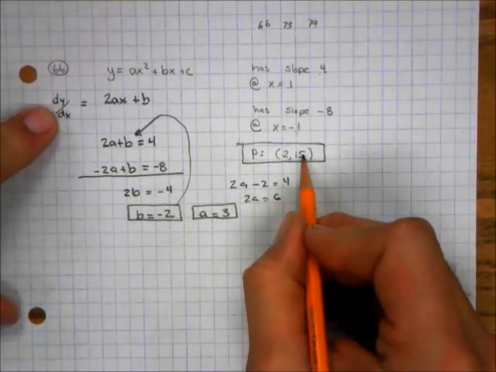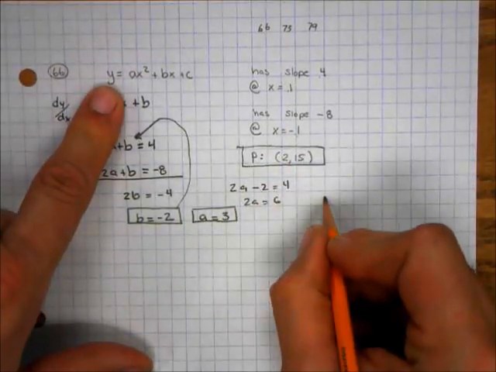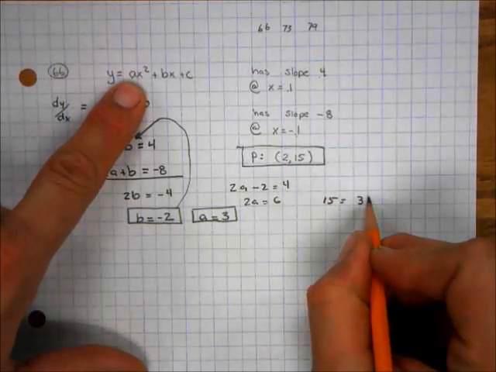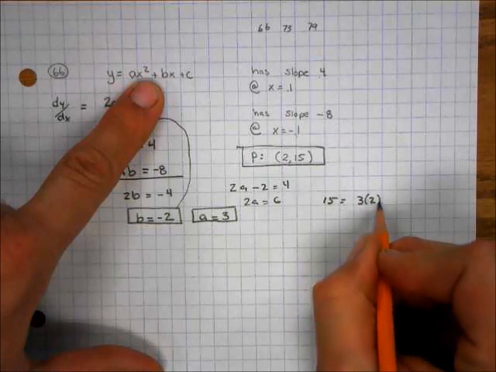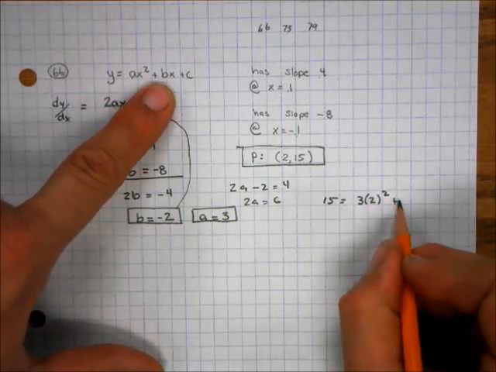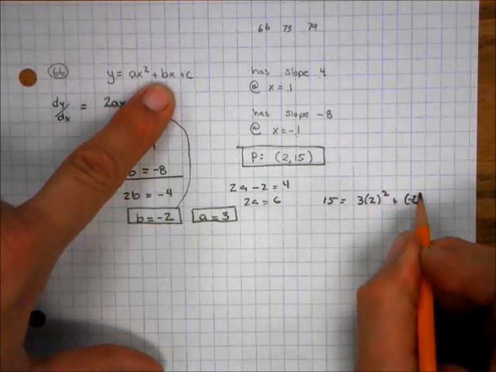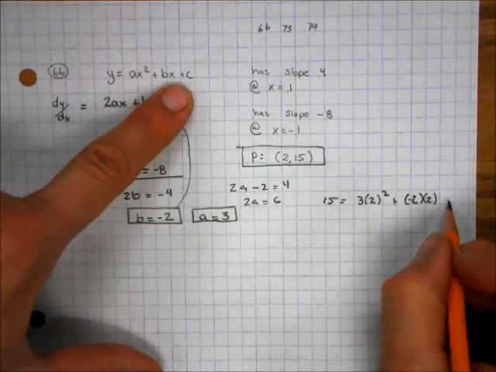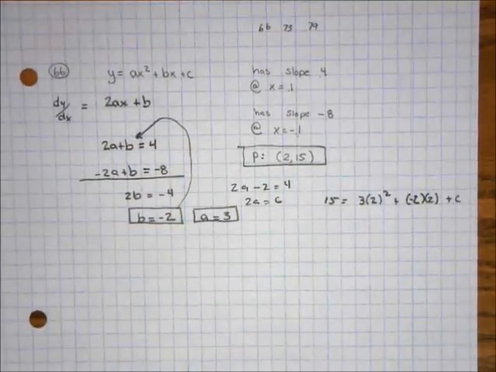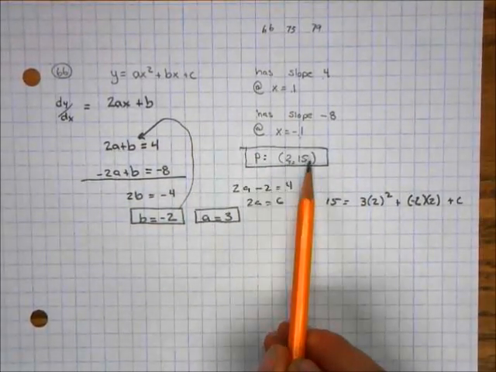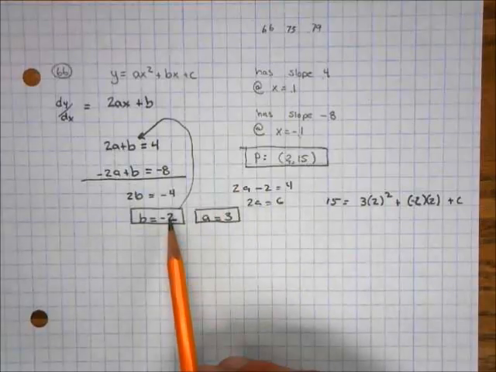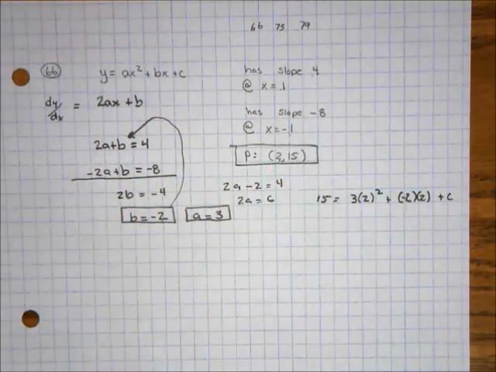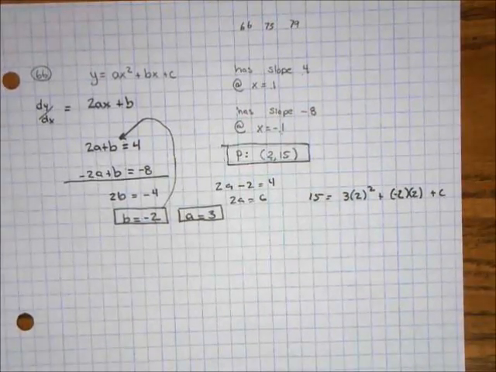So let's do that. 15 goes in for y, equals 3 times 2 squared plus -2 times 2, and then plus c. So that's substituted in for x, that's substituted in for y, for b, for a, into this general quadratic equation. The only thing I have left is c.